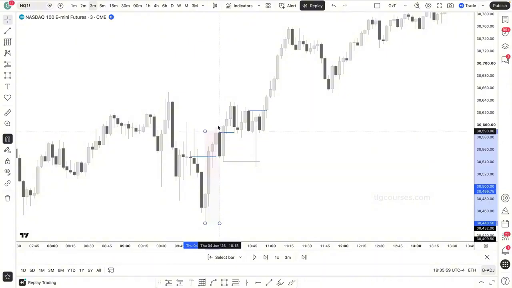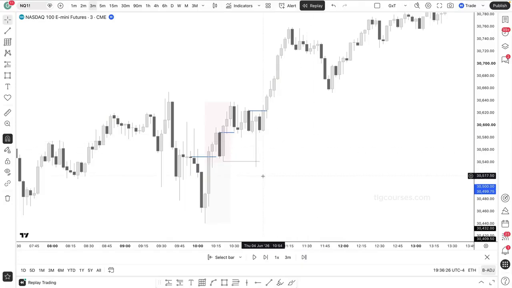So you're always going to move your premium discount tool as price expands. So this is the highest point at this moment. And this is more what we're talking about right here, a more well-defined retracement into EQ, or maybe sweeping out that low. If it sweeps out the low in premium, that's okay too. We just want some extra confirmation here. So a nice sweep of a low, even if it's still in premium, that's okay too.